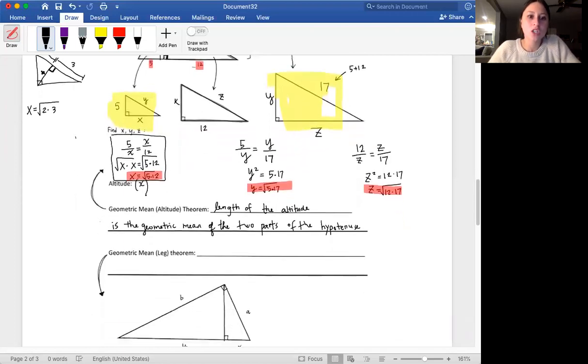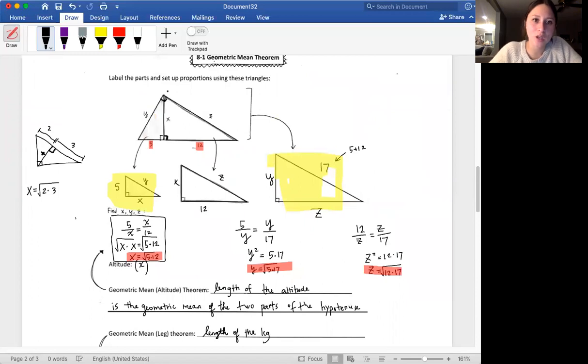Okay. The geometric mean leg theorem says something similar. The length of the leg, so this time we're looking at the leg. Now, a triangle has two legs, right? So this right triangle has both sides that are not the hypotenuse, which are the legs. So the legs would be y and z.